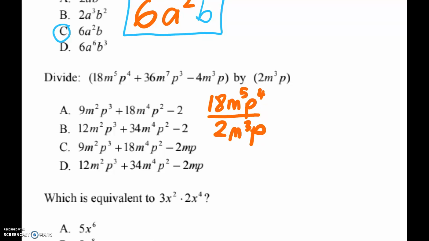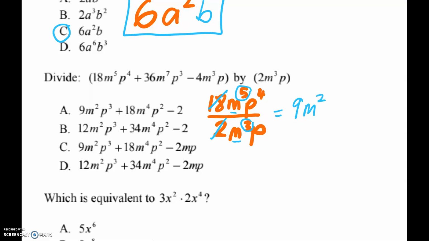Let's start. 18 divided by 2 is going to be 9. When we divide exponents, when the bases are the same, we subtract the powers, exponents. So 5 minus 3 is going to be 2, m squared.